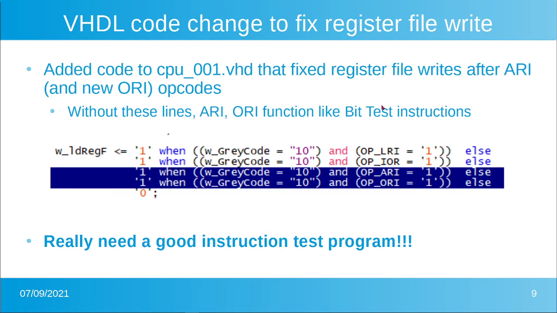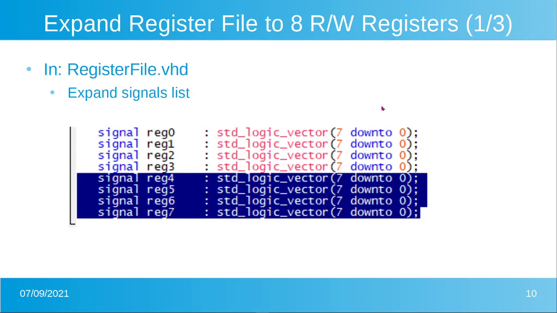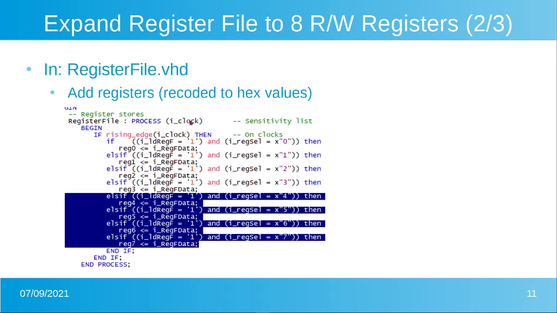Next thing we want to do is expand the register file, and that is not very difficult at all. It was designed to be expanded. Inside of the register file VHD file, we add the 4 registers, and they're all standard logic vectors just like the original 4 were. In the part of the code which is the register file process, we add those 4.